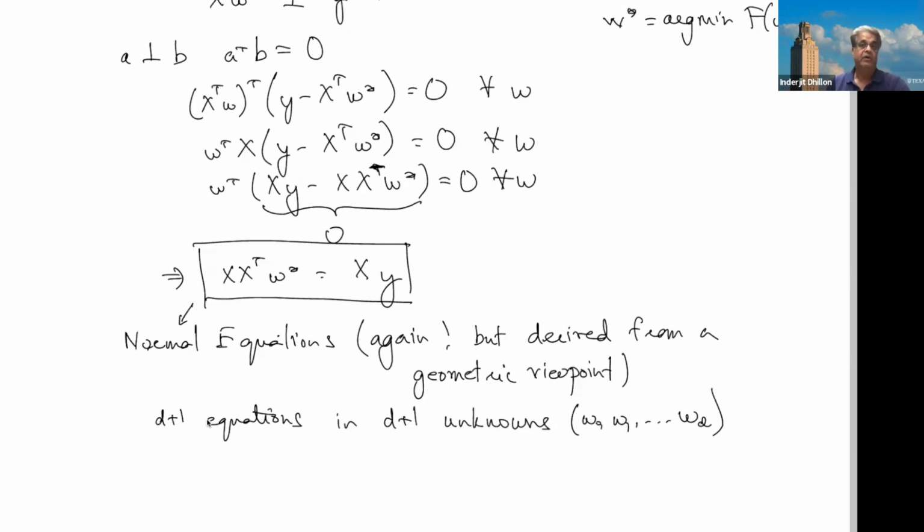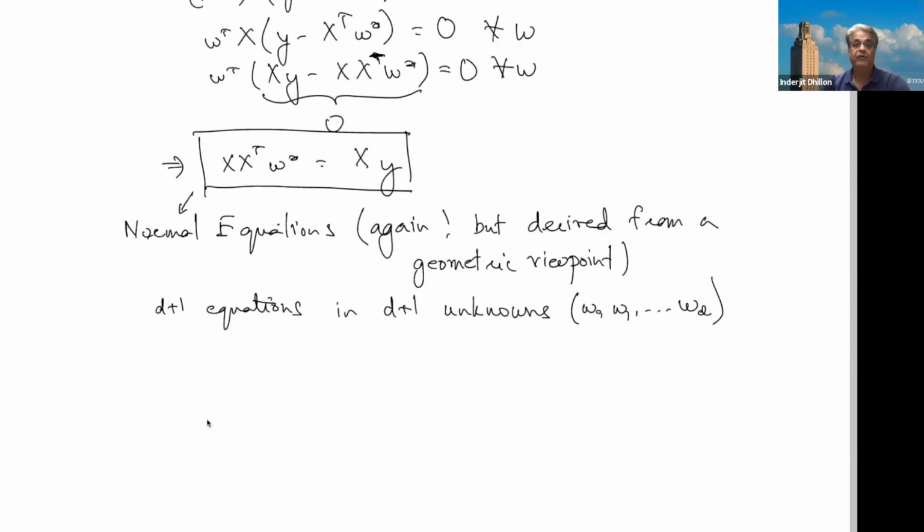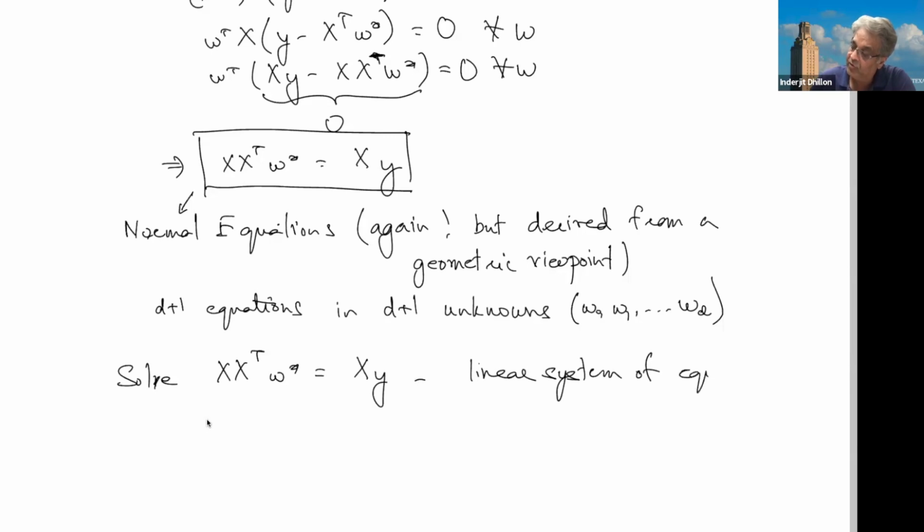But in the generic case, when you don't have linear dependence among the different features, we will get a unique solution. So what we need to do is solve XX transpose times W star equals XY. This is a linear system of equations. I'm sure that all of you have studied this since all of you have taken a linear algebra course, right?